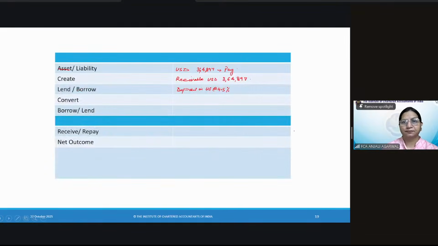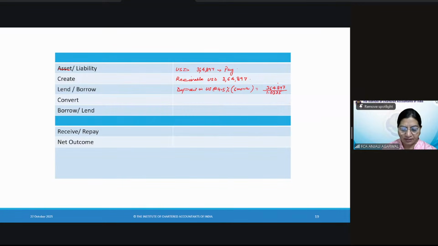6 months. So to receive 3,64,897, once again, 4.5 divided by 200 plus 1, 1.0225.